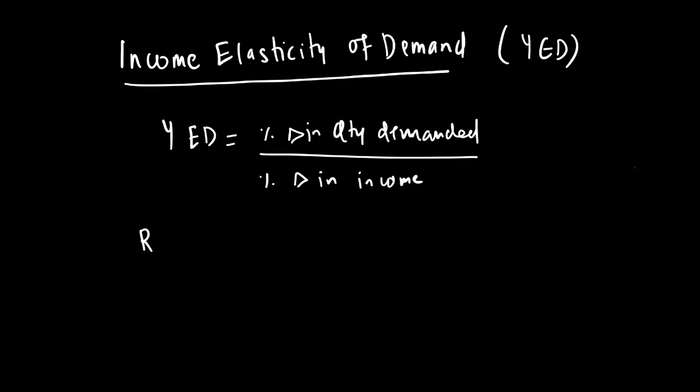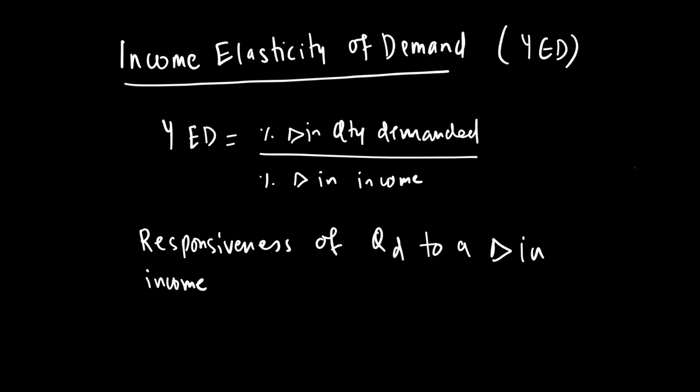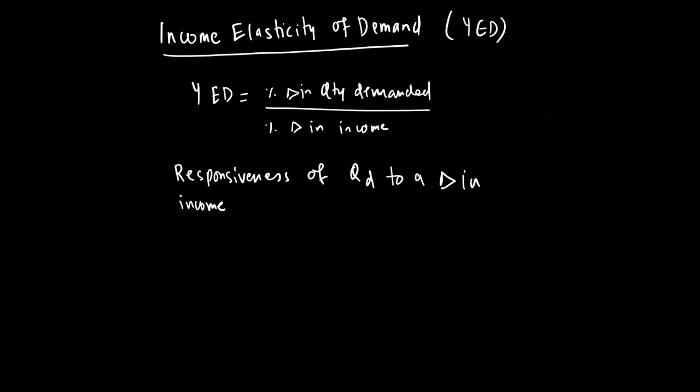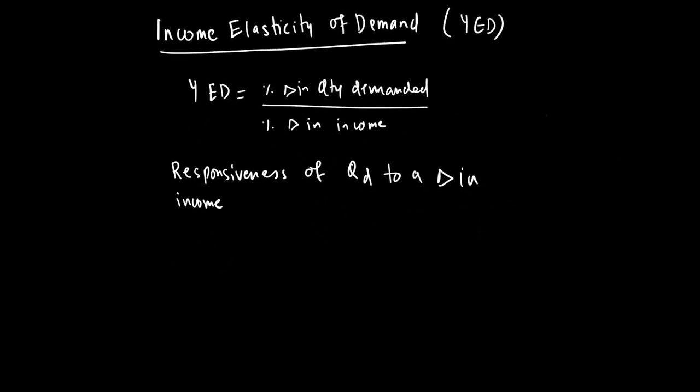And we say that it's the responsiveness of quantity demanded to a change in income. YED is very useful because it tells us the nature of the good for two kinds of goods. When we look at YED, it can tell us if the good is normal in nature, a normal good, or if the good is what we call an inferior good.